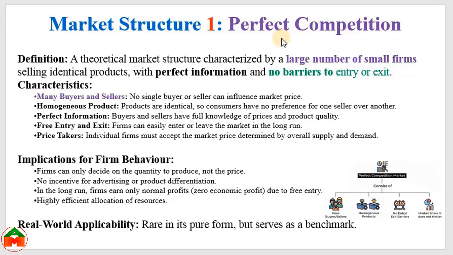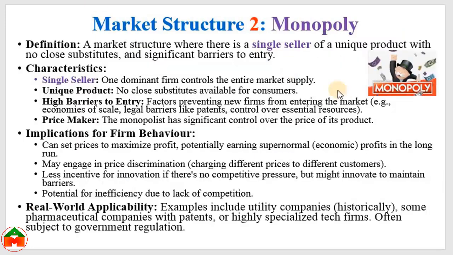You should know the characteristics of perfect competition because these characteristics will determine the behavior of the firm about production, pricing, innovation, and advertising. That's why you have to know these characteristics, based on which you should take decisions.